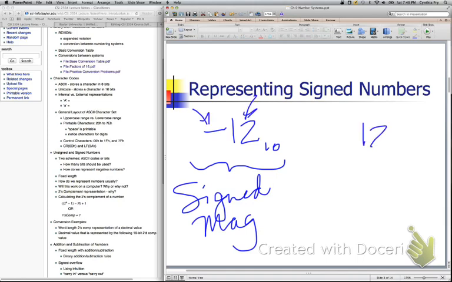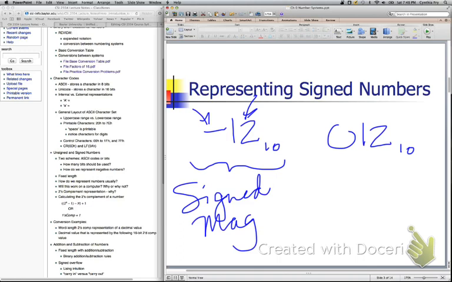If I were to just say 12, the absence of any sign would indicate it was positive, because numbers can either be positive or negative. That makes it really handy. So that's how we represent numbers in decimal.